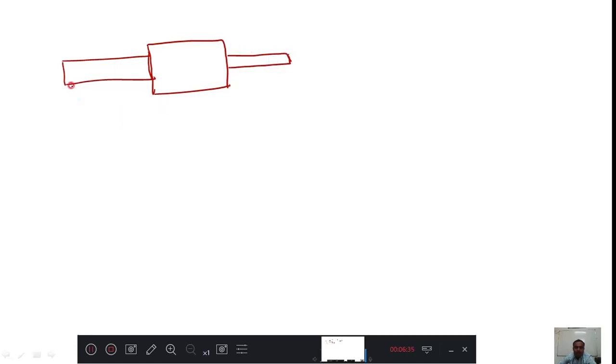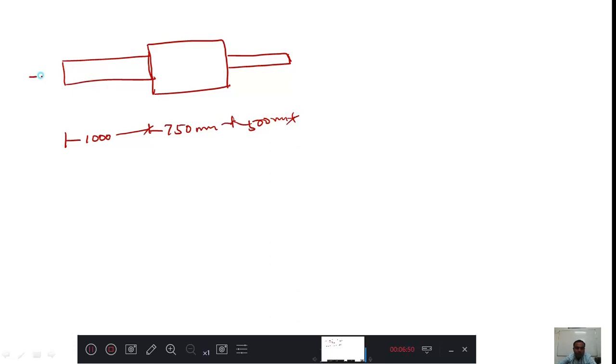Here I will give you one homework. Just go ahead with this homework. Now this length is 1000 mm, this length is 750 mm, this length is 500 mm.